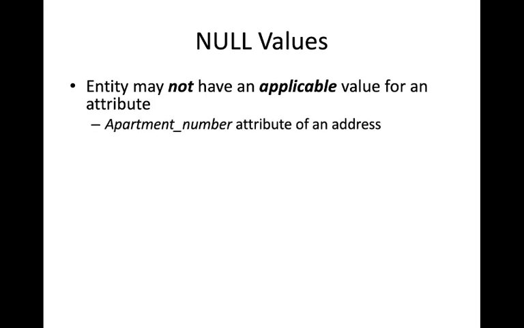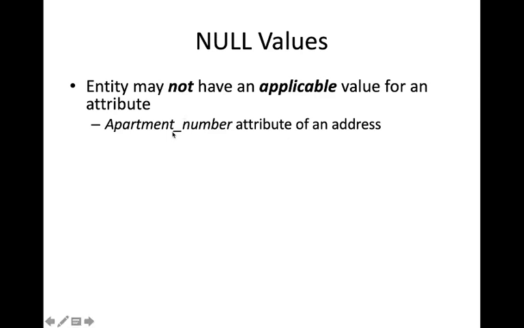For example, apartment number as an attribute of an address. Apartment number occurs only if the person is staying in a particular apartment building. If he is staying in an individual house, he may not have this apartment number attribute. So we will give it a null value.